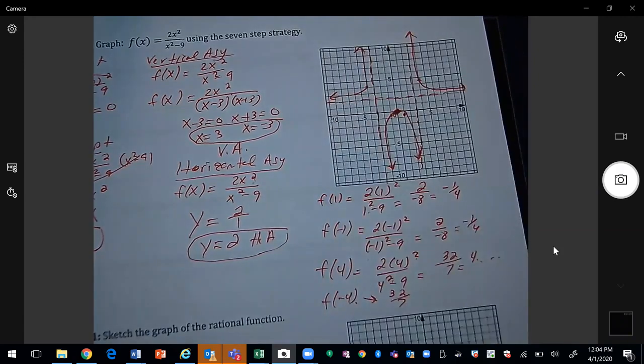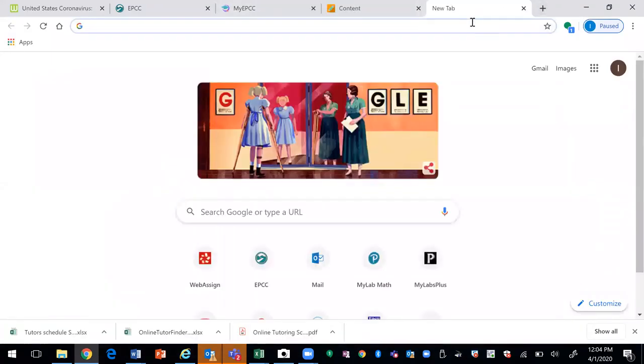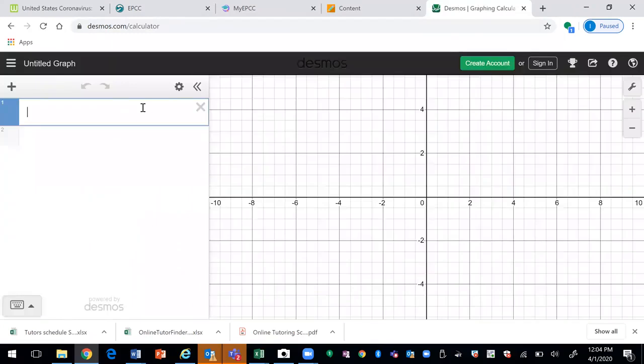Okay. And so basically, if you want to check your graphs, you can always go to Desmos.com. Let me just graph it really quick.